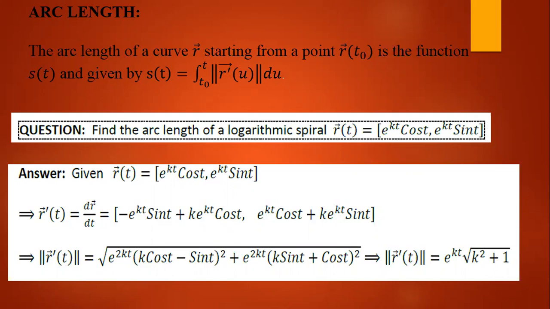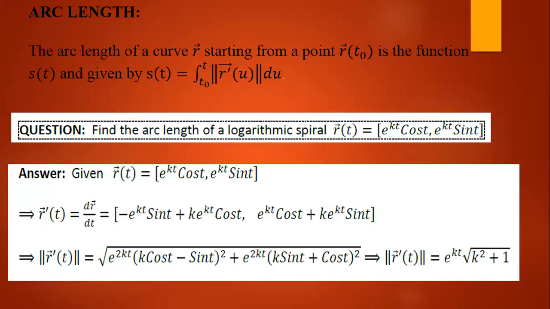Meaning, if we have a position vector r of t starting from point t naught and up to any variation t, so our limit becomes t naught to t, and taking the integral of this we get the arc length.